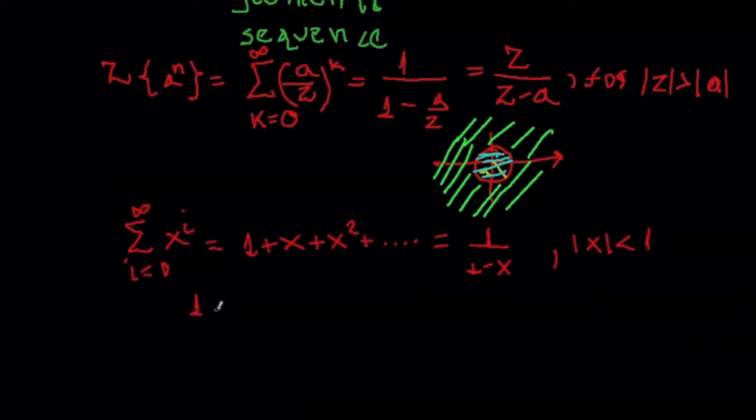Let us, out of this expression, generate this sequence. In other words, if I have an expression to the right here, I can also generate the sequence. How are we going to do that? Okay, let us divide these two polynomials. So I'm dividing the 1 by 1 minus x.